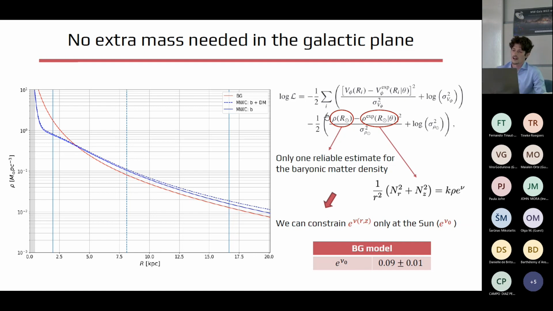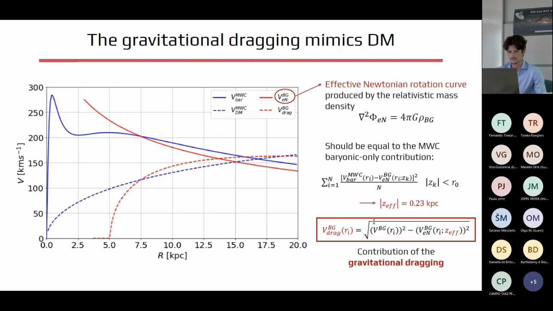Unfortunately, we have only one reliable estimate for the baryonic density, and therefore we are forced to constrain the metric function nu only at the Sun position. However, if more measurements of the baryonic density were available, we could determine a more general function for the metric function nu, and thus verify the overall consistency of the BG model.